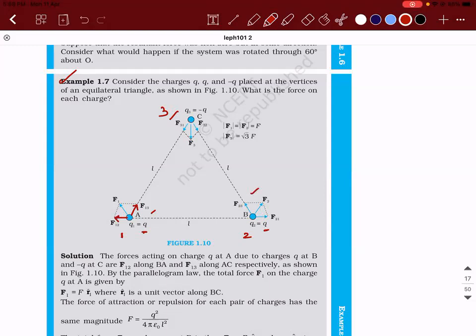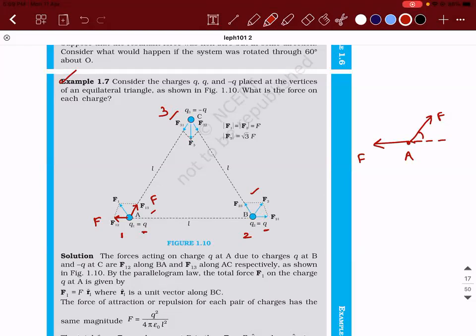What is going to be the magnitude in both the cases? Because the magnitudes of all the charges are the same, and the distances are also the same, if I take this force to be F and this force to be F, and draw a free body diagram of point A, this force is F and this force is also F. And how much is this angle?